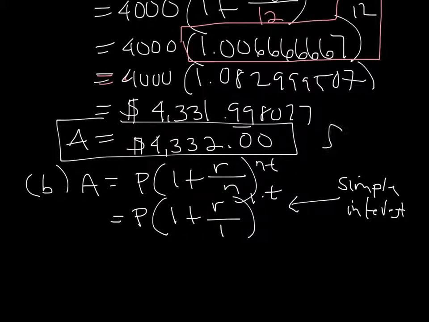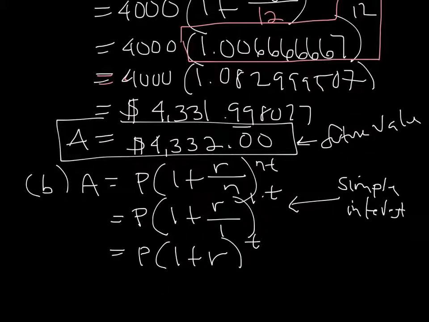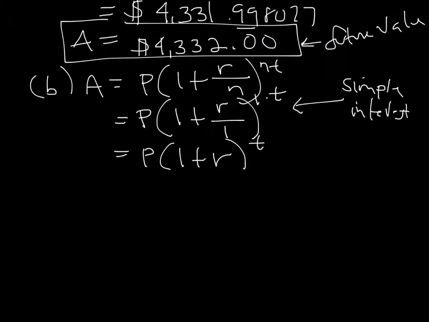The future value, which is your A, really just means 1 plus r t. So this simplifies to this expression, and we substitute our values. We're trying to find the effective rate, or effective annual yield, so we are going to solve for r.